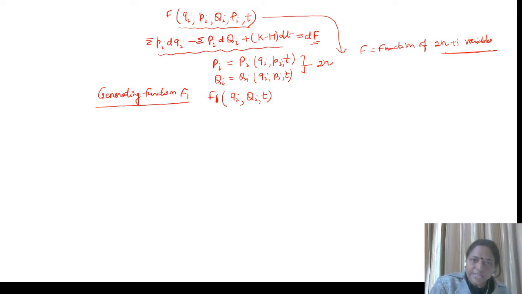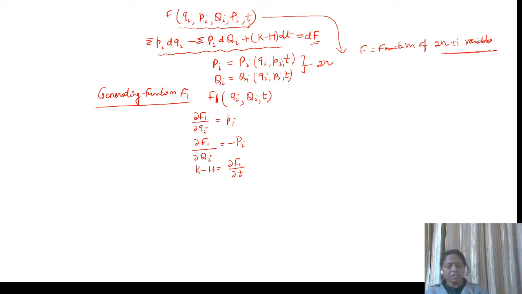And for this F1, we found equations based on this F1, like delta F1 by delta qi was pi, delta F1 by delta capital Qi was minus Pi, and K minus H is equal to delta F1 by delta t.